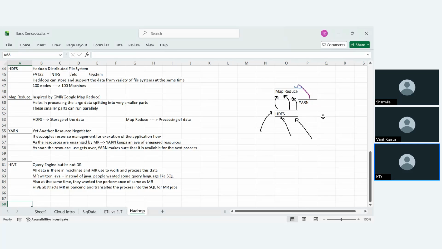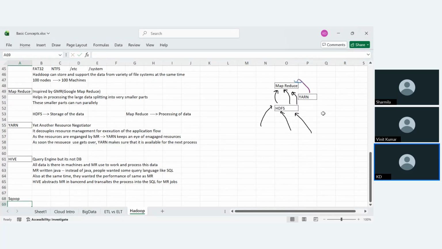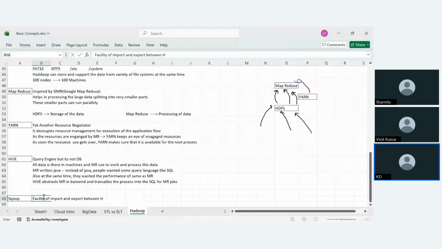Then the next part was Sqoop. Sqoop is basically a facility of import and export between Hadoop and relational databases.